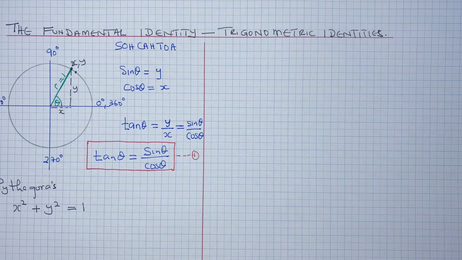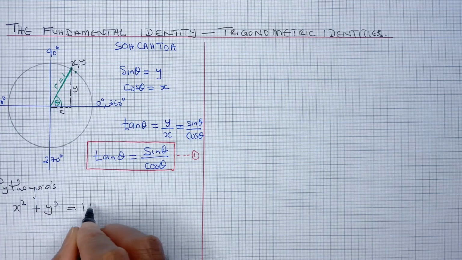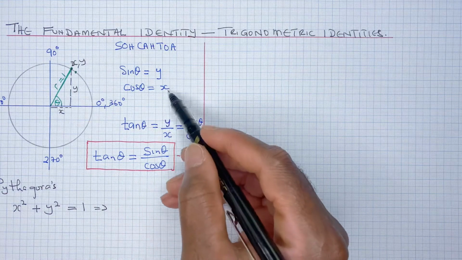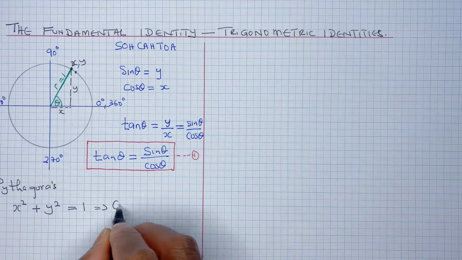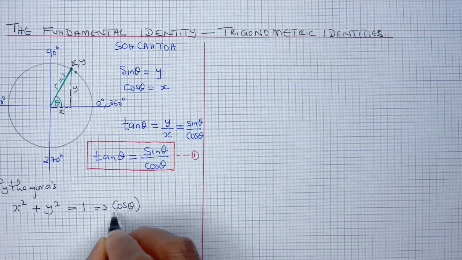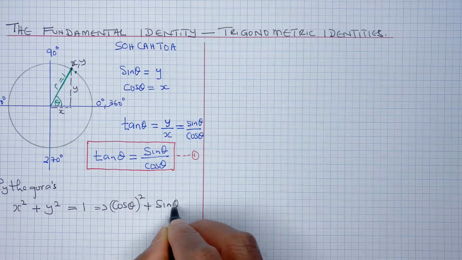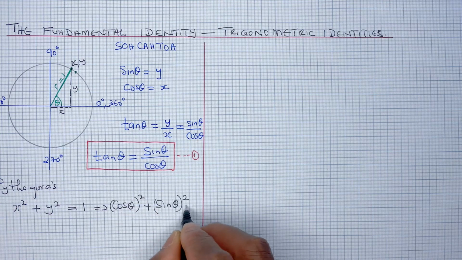With a unit circle, we just made r 1. Therefore, r squared is 1. So which implies that x, what is x? Cos theta. So that'd be cos theta squared plus sine theta squared equals 1.